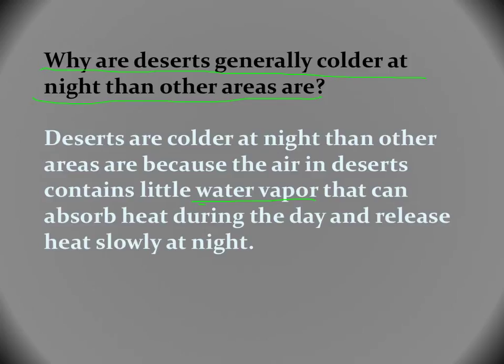And so water would normally absorb a lot of heat during the day and release it at night. Well, since there's no water, you don't have that balancing factor of the water absorbing a lot of the radiation and then giving it back off, which would keep the daytime temperature lower and let the nighttime temperature be a little bit higher.